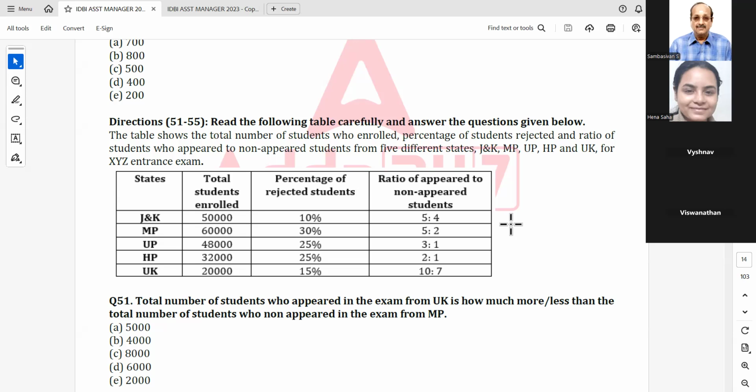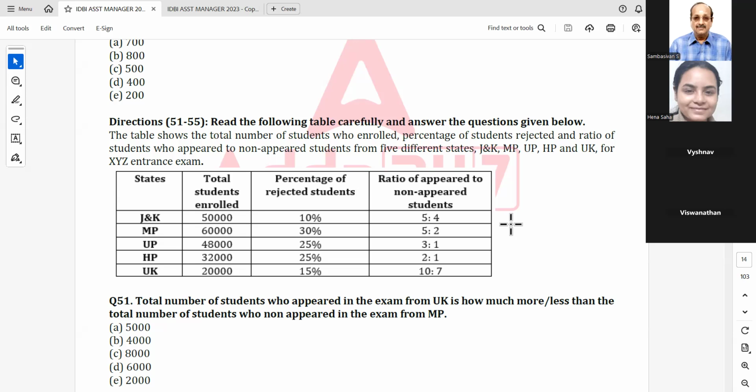Uttarakhand. Correct. Good. I never asked Saha because she is from North India and will know. I wanted to know whether our Vaishnav from Kerala knows that. Very good, Vaishnav.